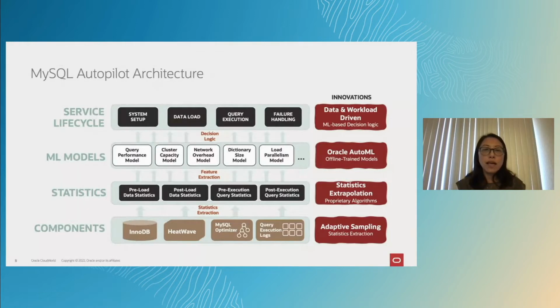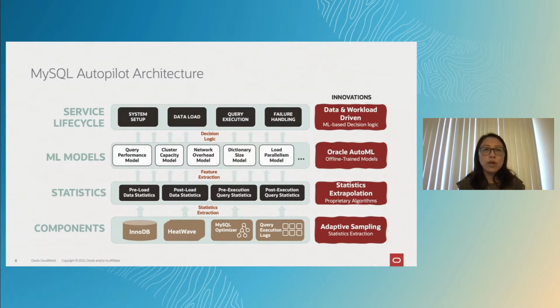The next step is that the type of statistics that we are getting is for preload, post-load, pre-execution, and post-execution of query. And because of the data that we collect, we can extrapolate all these statistics using a proprietary algorithm. And then with these statistics, we use our pre-trained machine learning models on the different areas that we want to focus on.